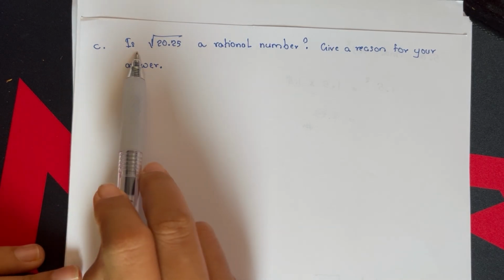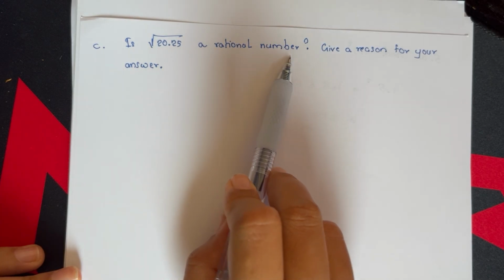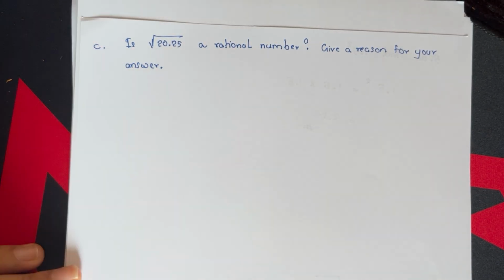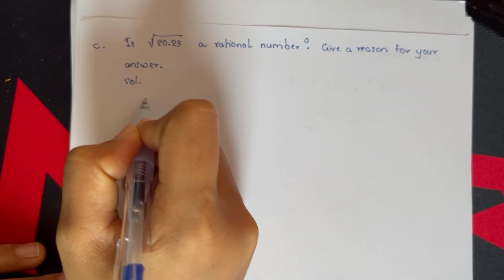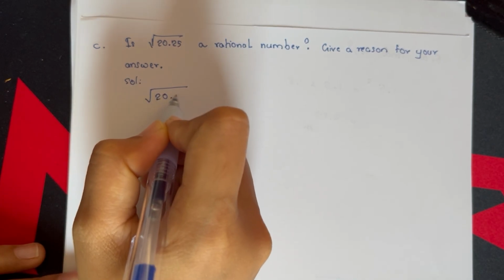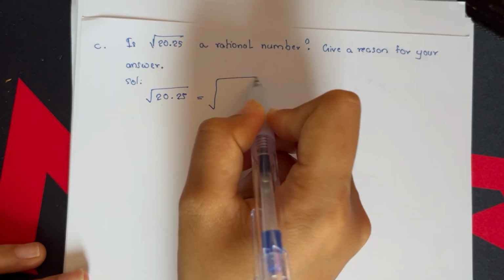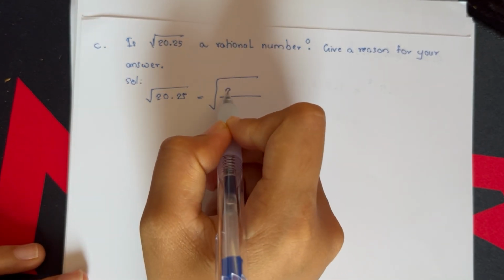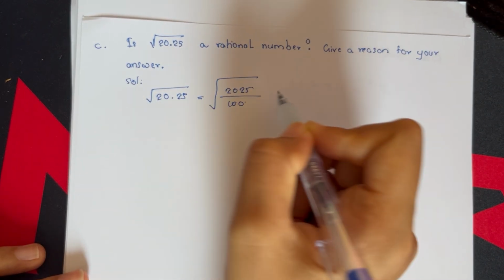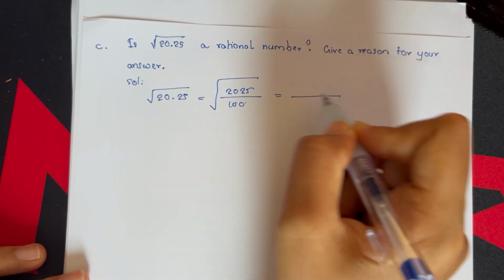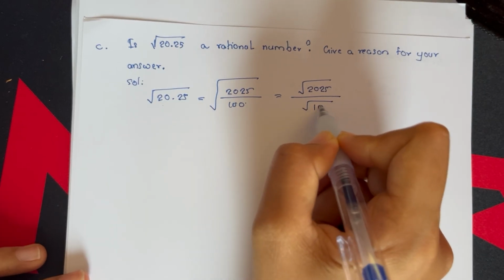Question C. Is square root of 20.25 a rational number? Give a reason for your answer. So let's find out. Solution. Square root of 20.25 equal to, so square root is square root. 20.25 means 2025 by 100. So that's equal to square root of 2025 by square root of 100.